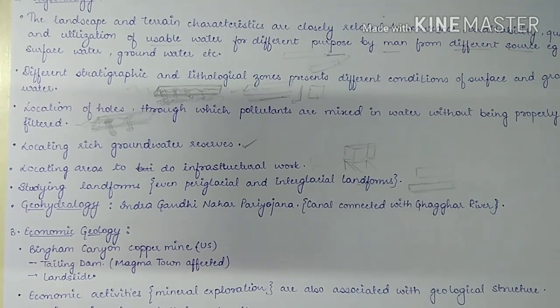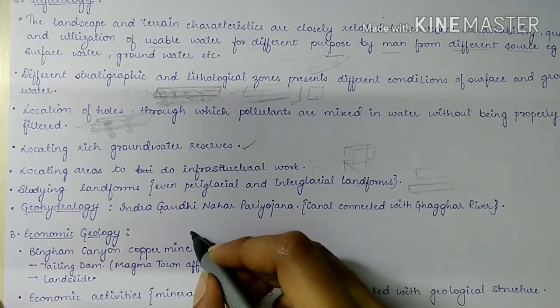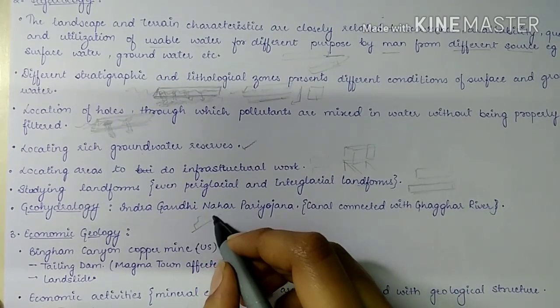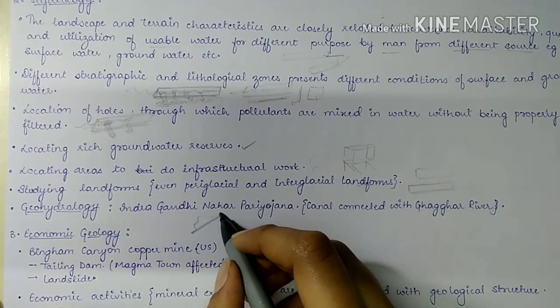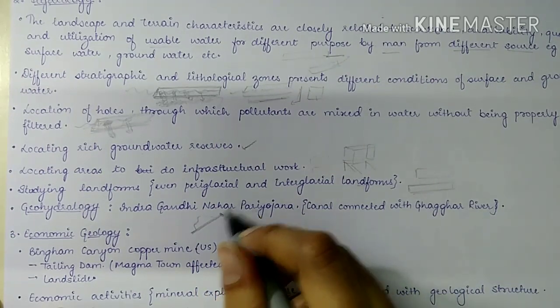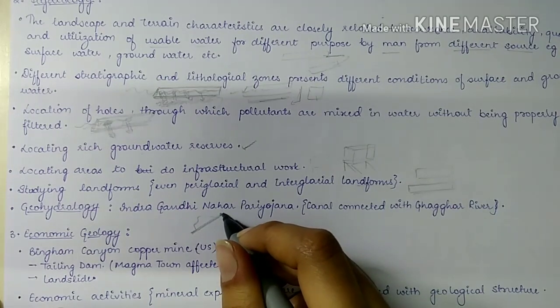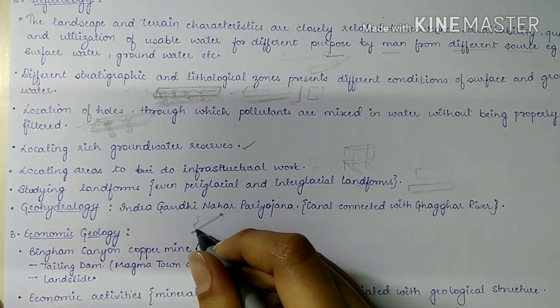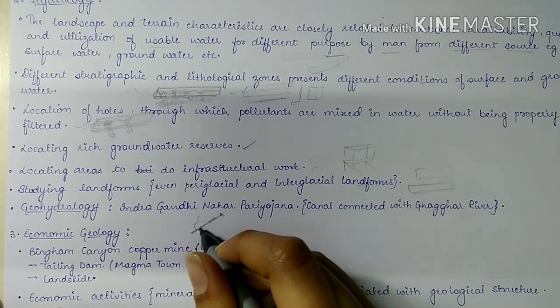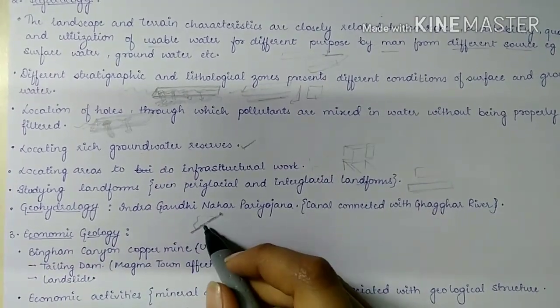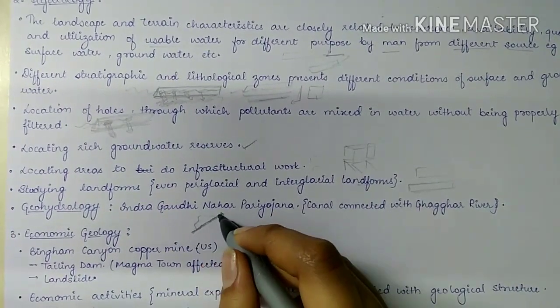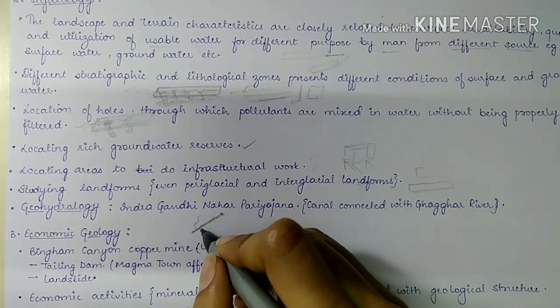This project was launched by the government, in which a canal was built in the dry part of Rajasthan, connected to the Ghaggar River and the underground river system, the disappearing rivers of western Rajasthan.